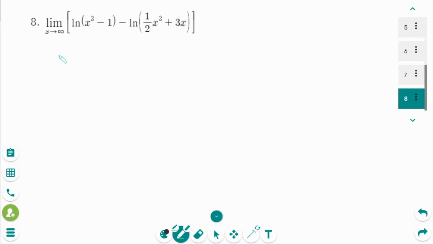The next question is this one. Like question 7, we will use the log property again to combine the two. So this is ln of x squared minus 1 over half x plus 3x, like this. And then this is infinity over infinity form. So what is the highest power of the denominator, which is x squared?